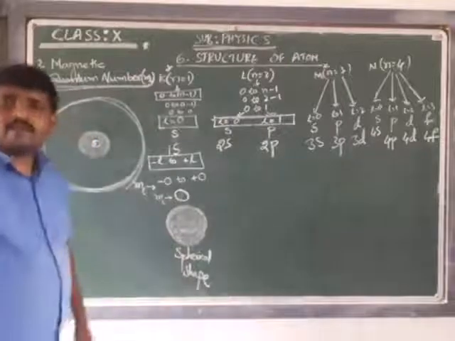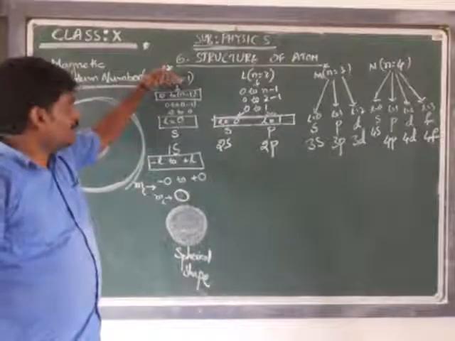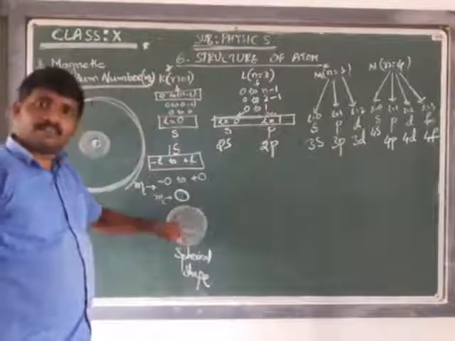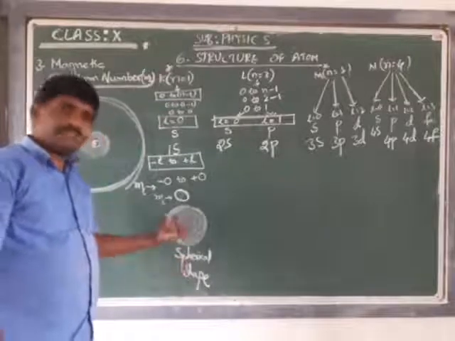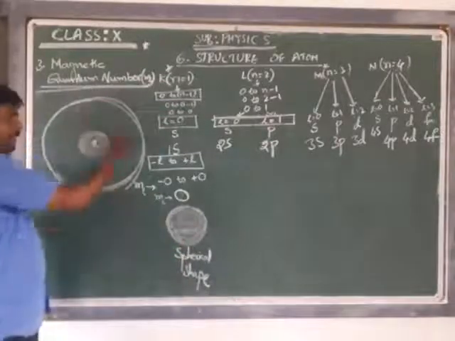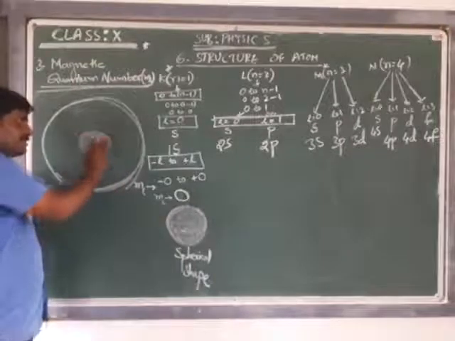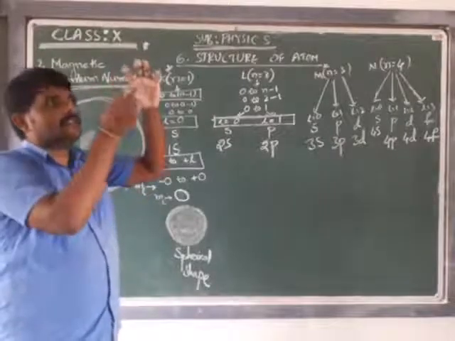What does it mean? Let's try to understand. In the K shell, we have one subshell S, one orientation, that is one orbital. How is it oriented in this orbital? In a spherical shape. That means the atom is in the shape of a sphere, with the positive charge located at the center.